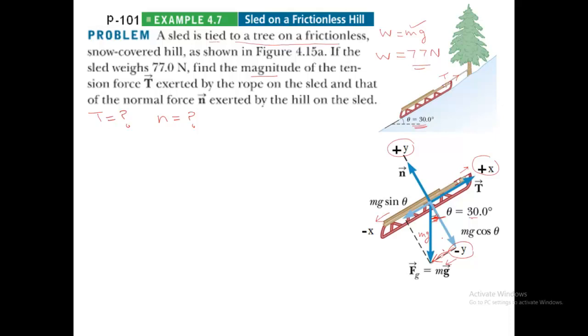Let me write it here. So this is mg sine theta. The basic concept I just finished in the last topic: the side in front of theta has the sine component. This is mg, and this one is mg sine theta. If I take the parallel here, this is your mg sine theta along the negative x-axis.